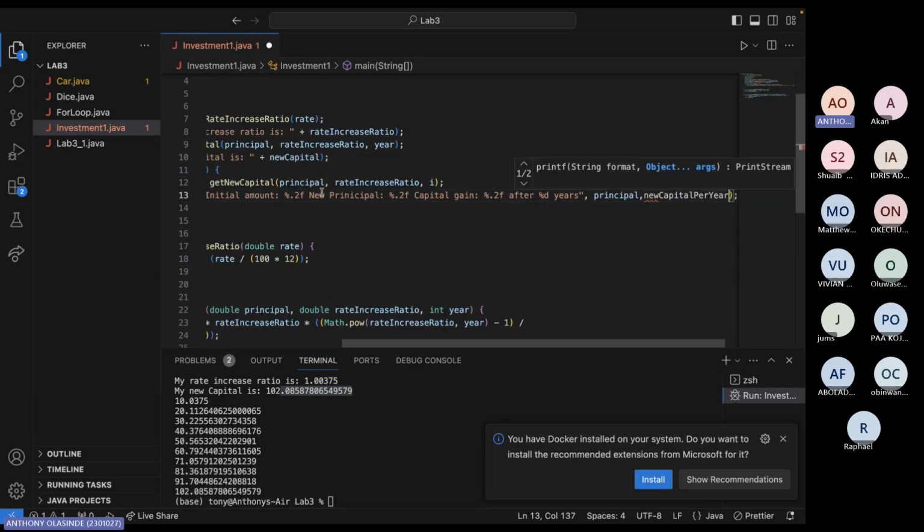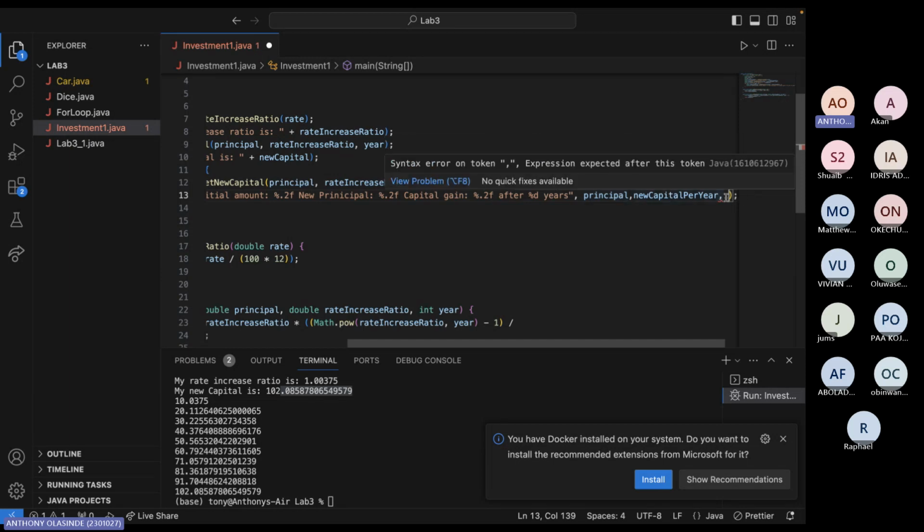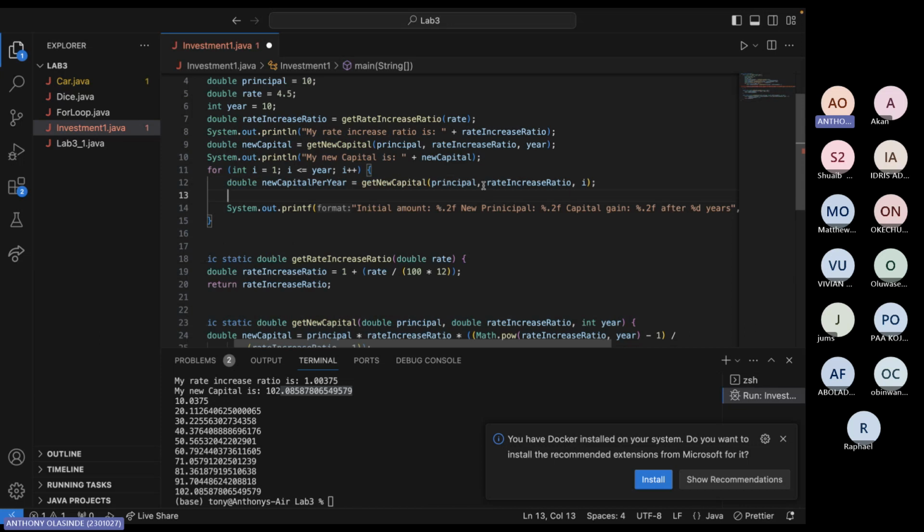So new capital per year. The third one is capital gain. So that will be new capital per year minus principal. You can calculate that separately, or you can slot it in here, anything that works. And let me just calculate it separately. So I can say double capital gain equals new capital per year minus capital, right?